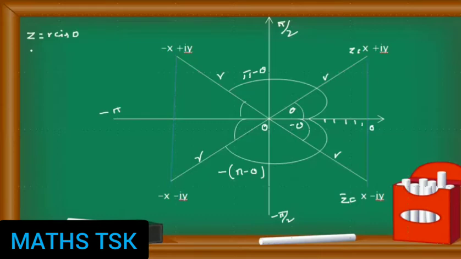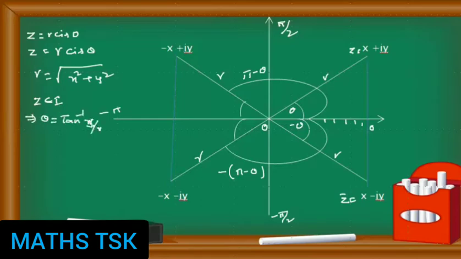In the first quadrant, second quadrant, third quadrant, and fourth quadrant, theta is the angle. And r is equal to how much? Root of x square plus y square. For all these, if x and y are positive, z belongs to the first quadrant, which implies theta is equal to tan inverse of y by x.